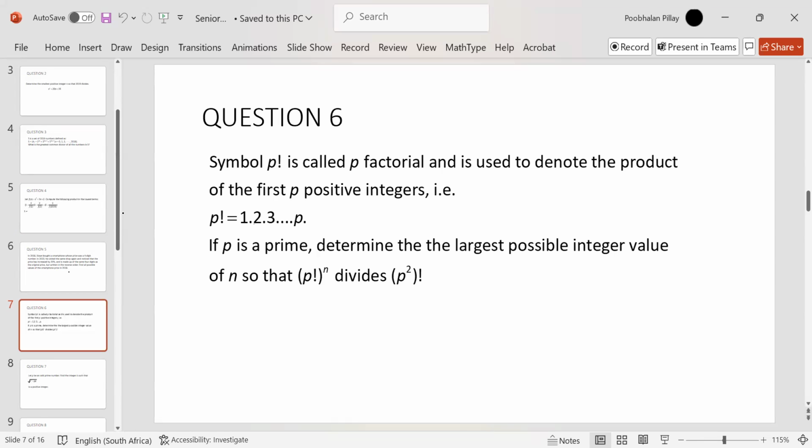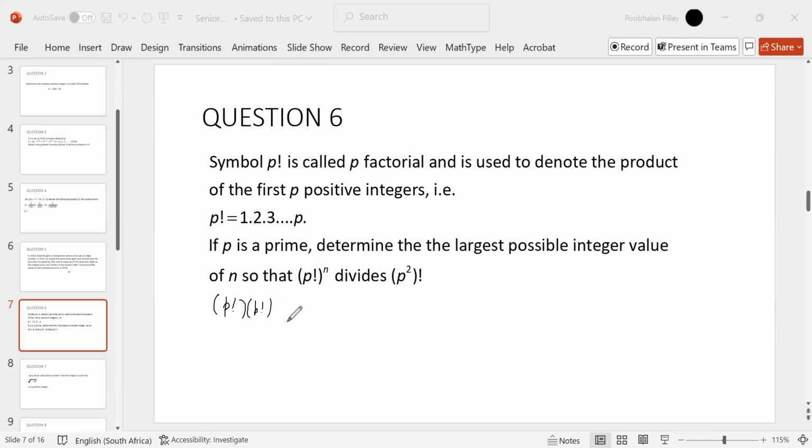Now, so what have you got? You've got P factorial to the power of n, and that is P factorial times P factorial times P factorial, n times.